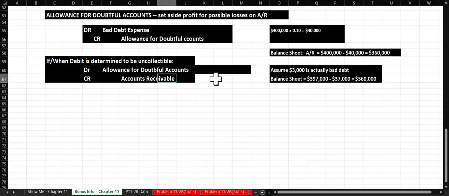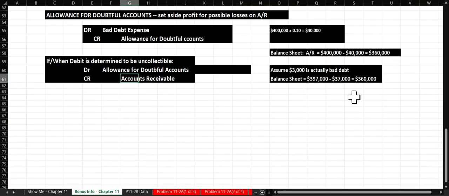Technically, this is not an adjusting entry because notice I'm using a balance sheet account and a balance sheet account. So this would be a transaction that would be recorded at any point that we are notified of the loss. But we prepared for it by setting aside an allowance.